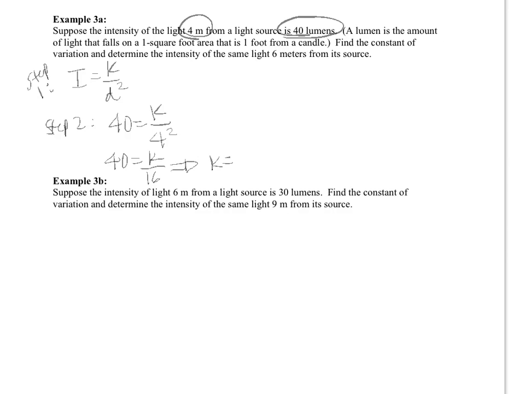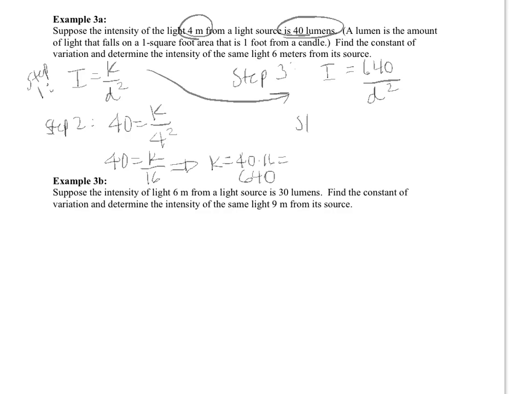K equals 40 times 16, 640. That's our k. In step 3, we're going to use our equation we wrote in step 1 and plug in our k. So I equals 640 over d squared.